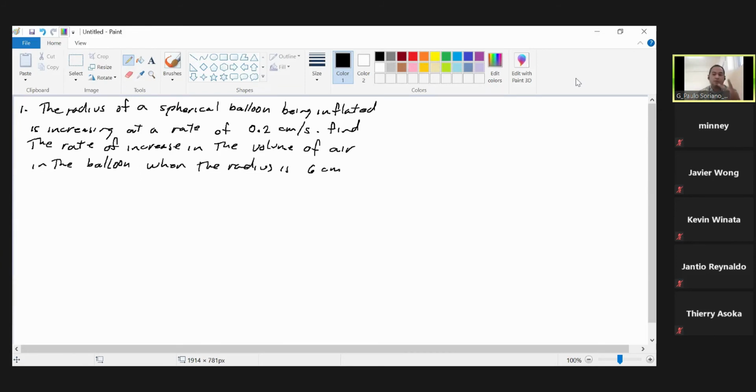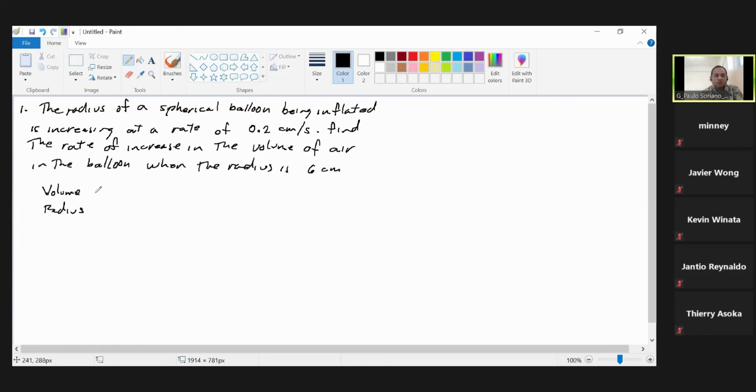So we have two different components here: volume and radius. The question goes, how fast is the volume increasing when the radius is 6?